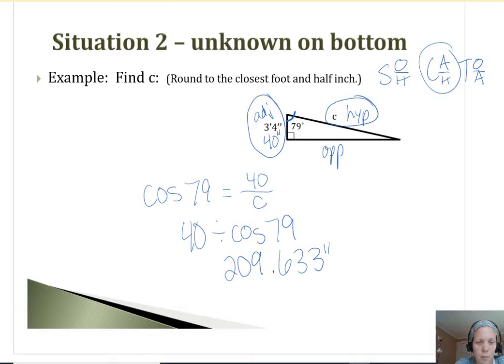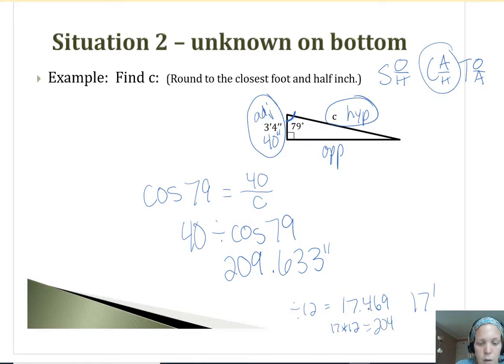Okay, now let's see, we want to change that back to feet. I'm going to divide by 12, which is 17.469. So that means it's a full 17 feet. I'm going to do 17 times 12, which is an even 204.